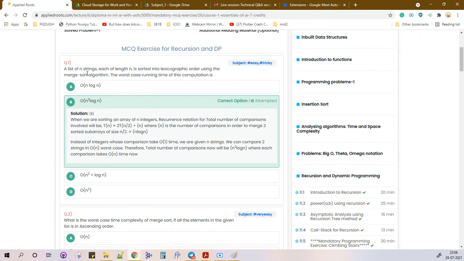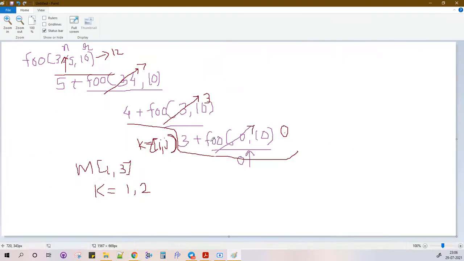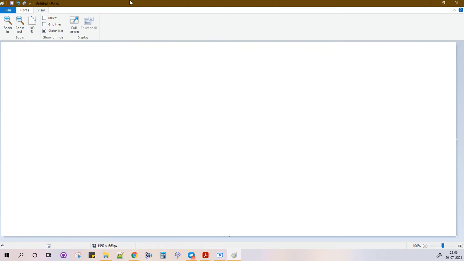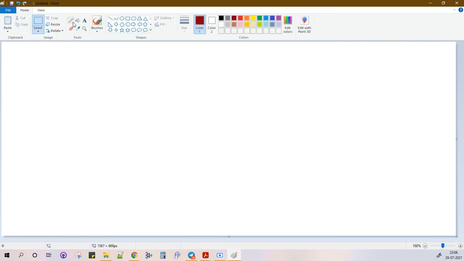So what they are saying is a list of n strings. So I'm having n strings, and each of length n, right, is sorted into lexicographic order. Lexicographic order is nothing but the order that we have in a dictionary. In a dictionary, the first letter would be sorted first, a, b, b, b like this.